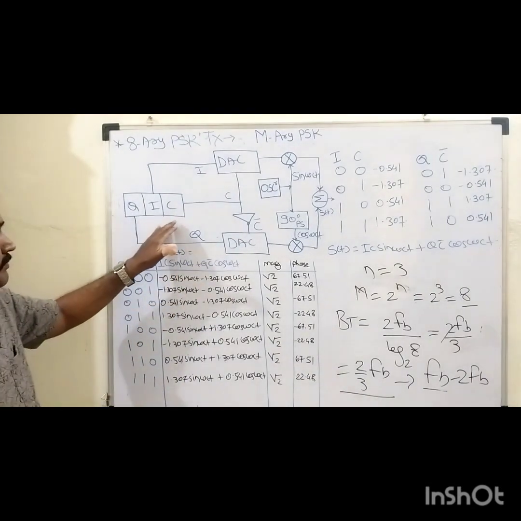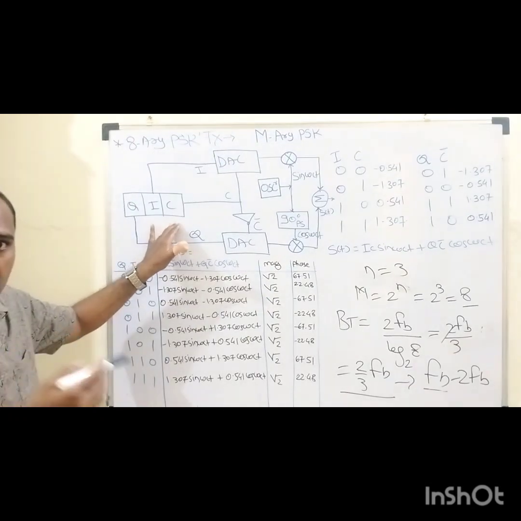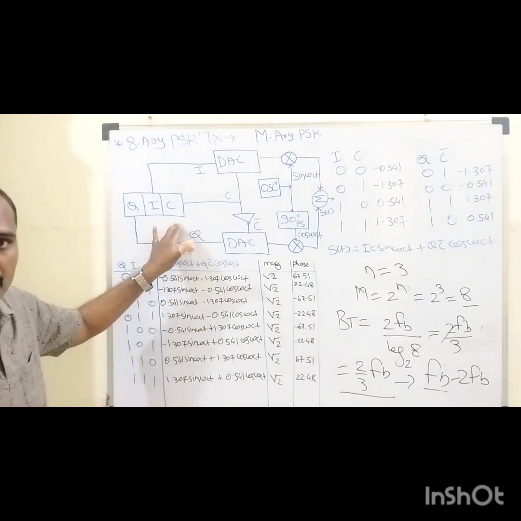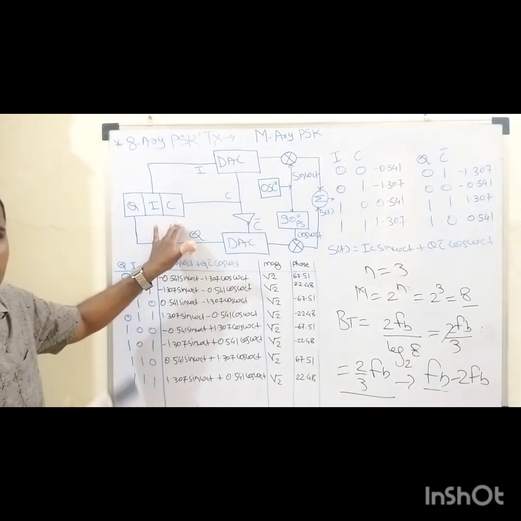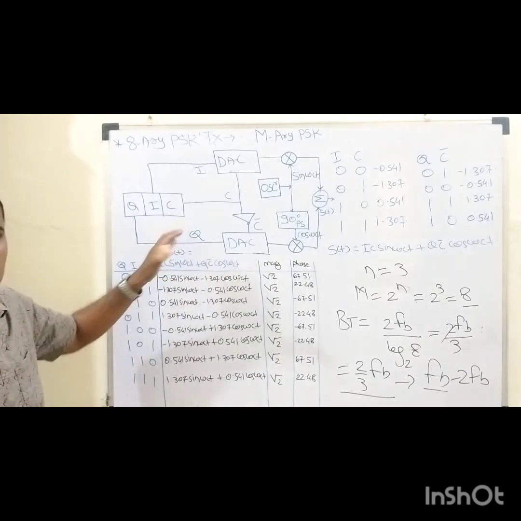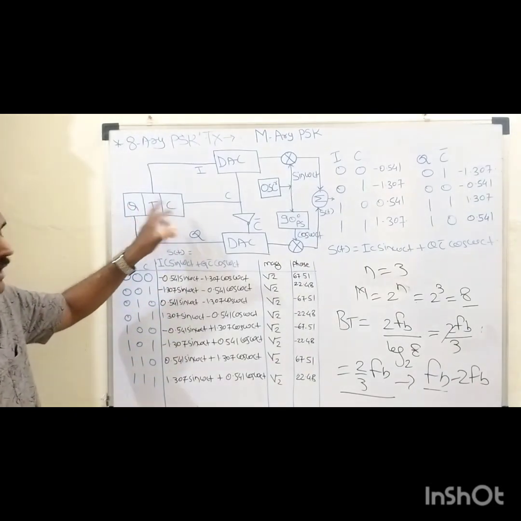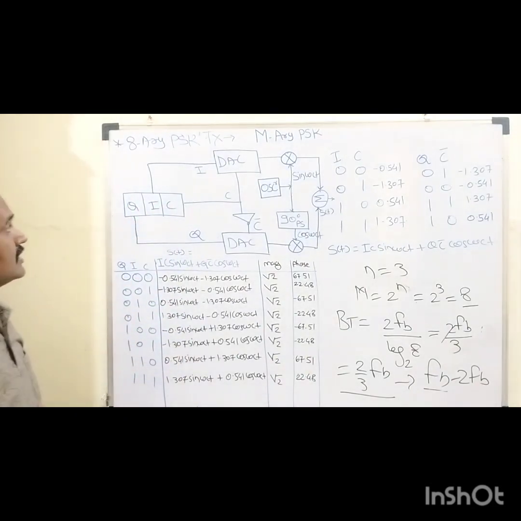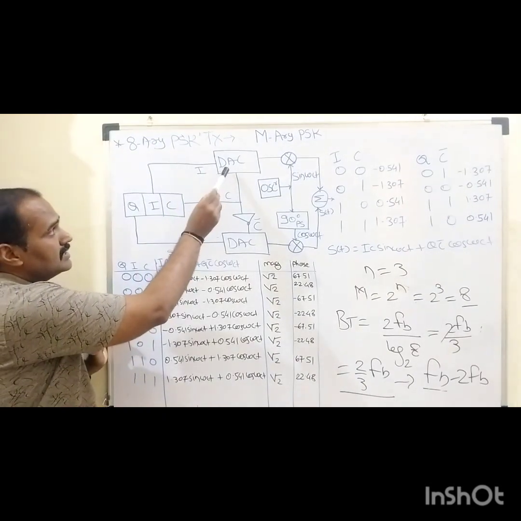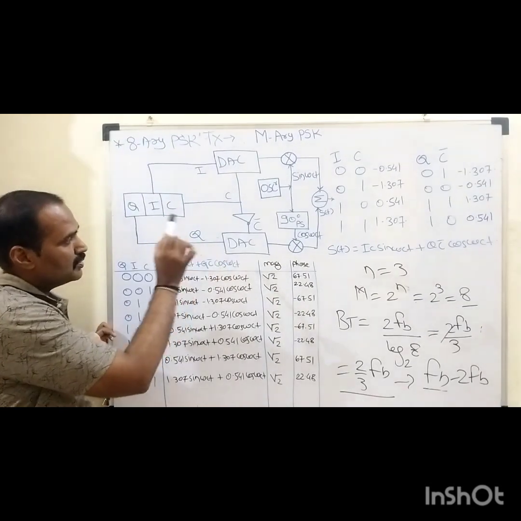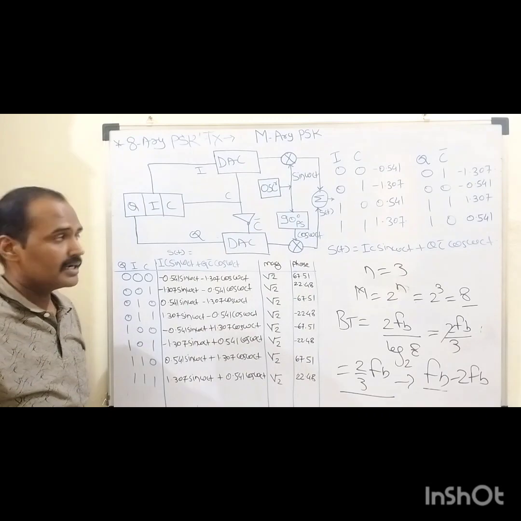As you can see, we are supposed to transmit the 8 different symbols, and each and every symbol consists of 3 binary bits. So how are these 3 binary bits categorized? Q, I and C, right? Initially, as you can see, this I bit is given to the upper channel and the Q bit is given to the lower channel.